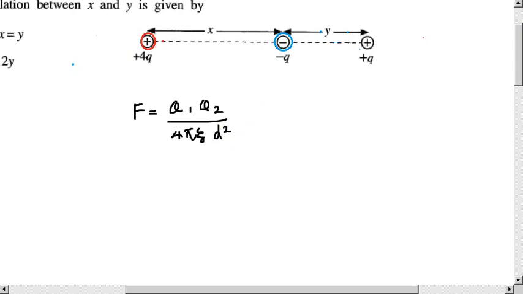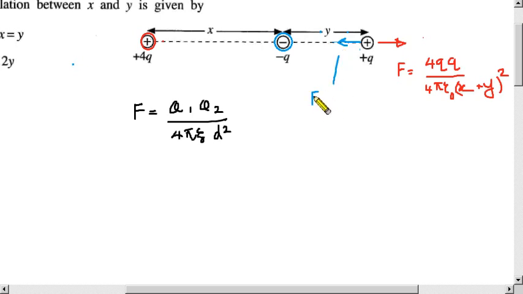That also you can use, because for the force towards this from this red one, we can write F equals q1, this one, 4q, times q2, this one, 4q times q, divided by 4 pi epsilon naught, the distance x plus y squared.